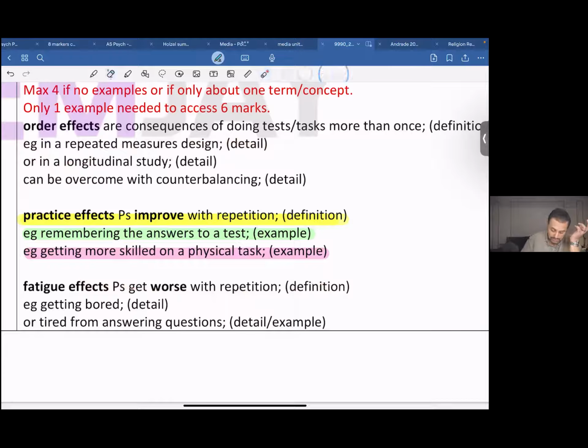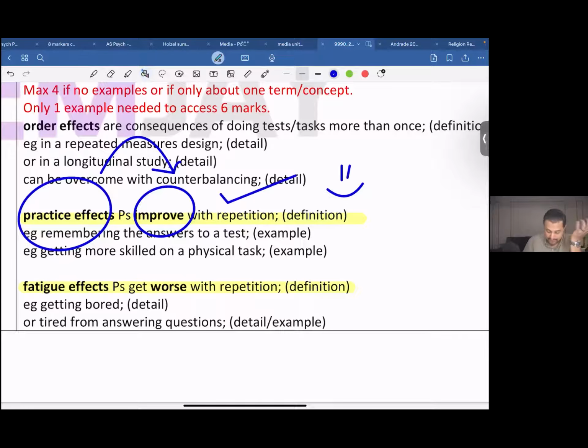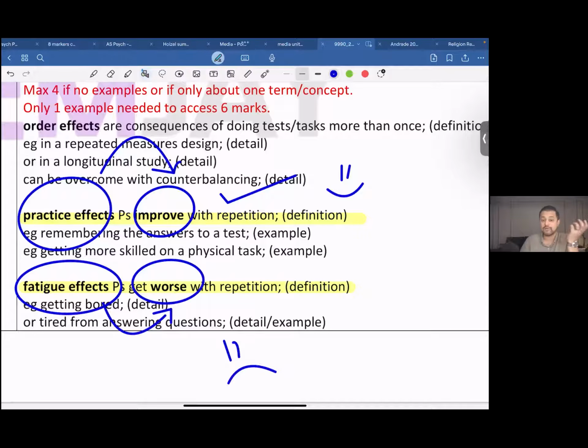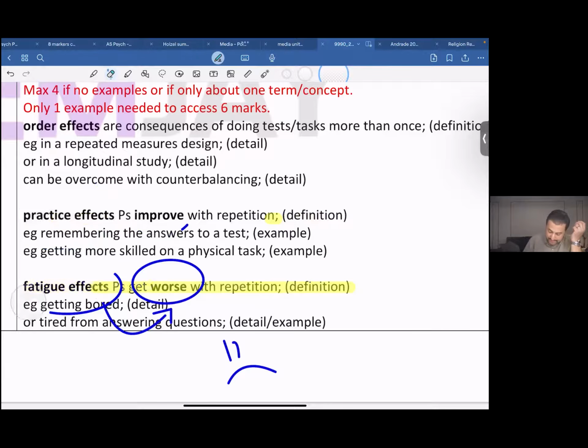In contrast to practice effect, we have the fatigue effect, where the participants get worse with repetition. Look at the difference over here. For practice effect, you are getting better, that is, your performance is improving. For fatigue effect, you are getting worse at it, or in other words, your performance deteriorates.